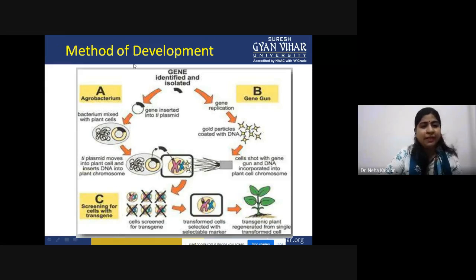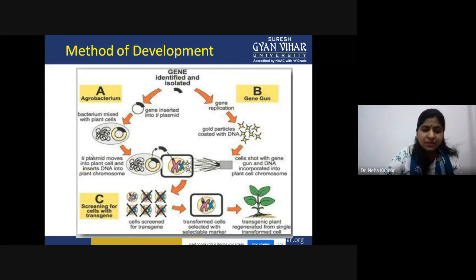Another way is Agrobacterium. That means we can do all these things in bacteria also, because Agrobacterium tumefaciens is a natural genetic engineer, in which we basically insert this gene into the Ti plasmid, and the bacteria would be mixed with the plant cells. The Ti plasmid will move into the plant cell and insert the DNA into the plant chromosome.